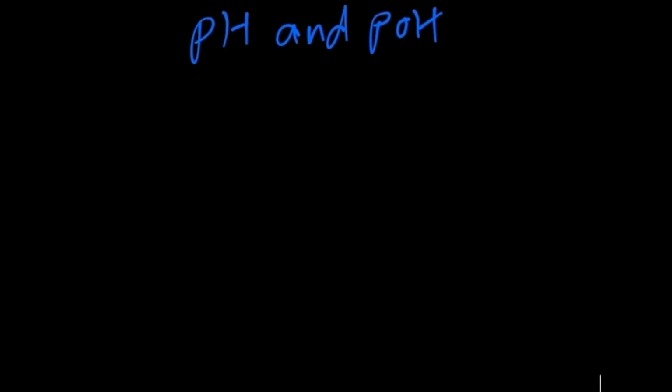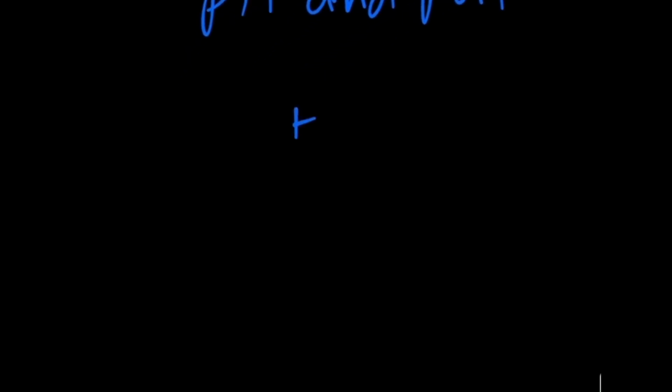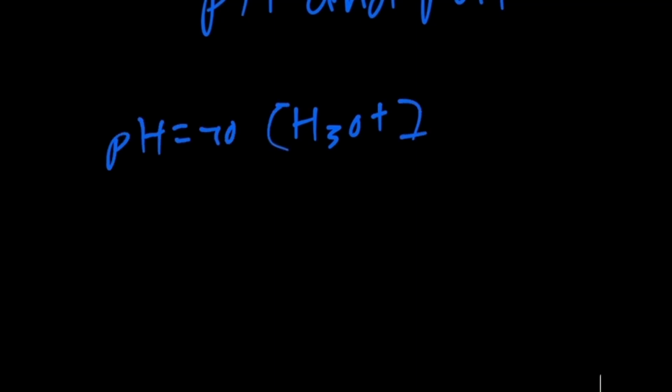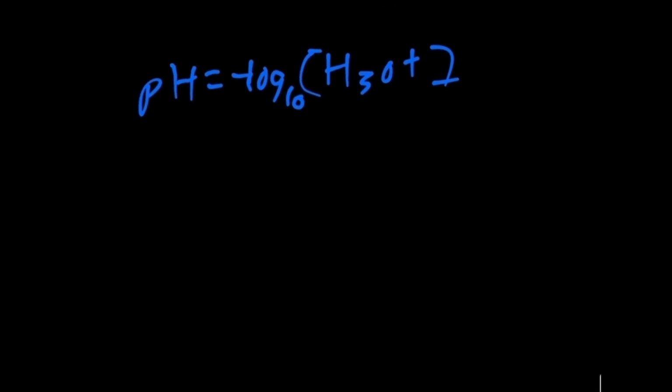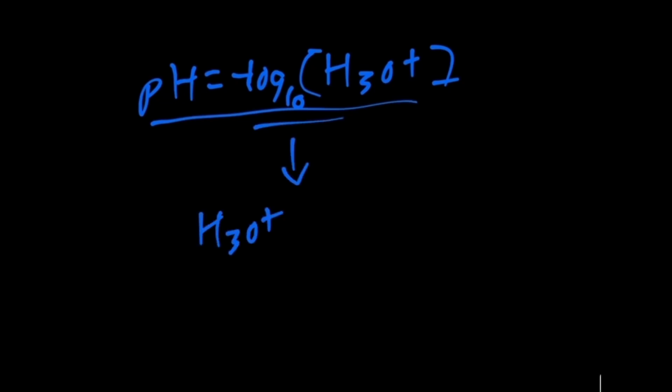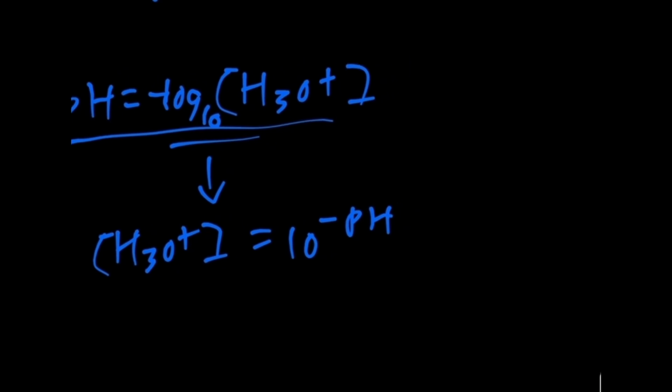First of all, if we have the hydronium concentration, we can use the equation pH equals negative log base 10 of the hydronium ion concentration, right? And then we can use the inverse of this equation to find the hydronium ion concentration from the pH, which is just 10 to the power of negative pH.